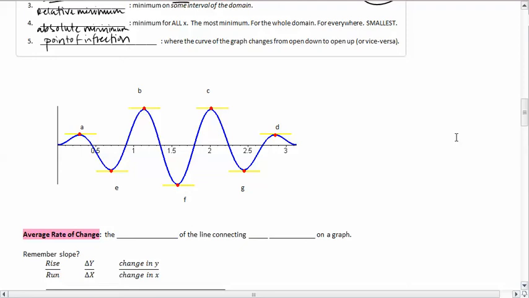We have some maximums that are higher than some other maximums and some minimums that are lower than some other minimums. So the minimums that are the very, very lowest are going to be the absolute minimums. The maximums that are the absolute highest are going to be the absolute maximums. So for example, B is an absolute maximum.